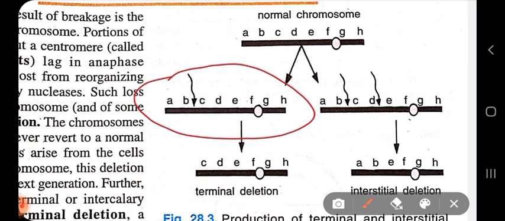Nowadays it is possible using a technique called FISH, fluorescence in situ hybridization. With the help of this technique we can identify even a minimal deleted region within the chromosome. Otherwise, a major deletion can be identified cytologically. How? Let us see.